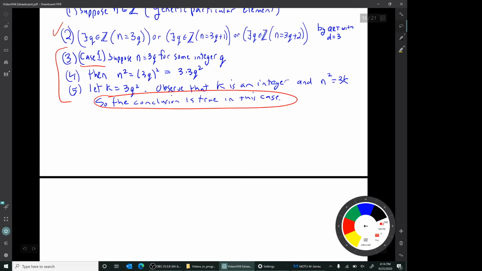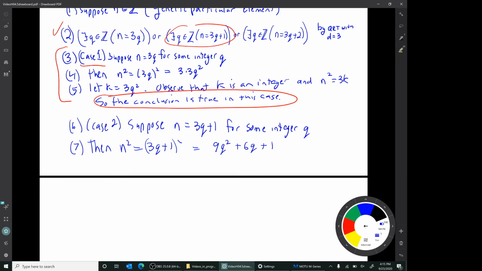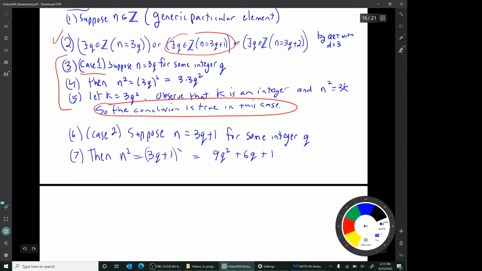Okay, so now we have to consider the second case. The second case is this case, n equals 3q plus 1 for some integer q. Well, then we just go from there. Now we want to get to the form either n squared equals 3k or n squared equals 3k plus 1. Well, look, we've got a plus 1 out here, so we're pretty close to the n squared equals 3k plus 1 form.